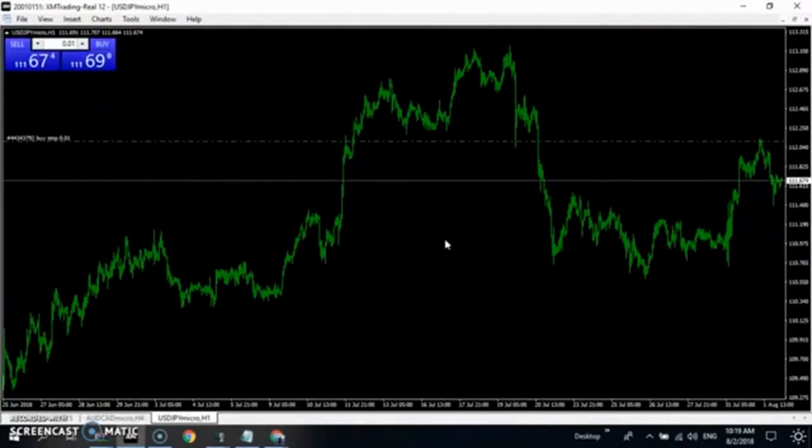But the problem is that when you are on this type of 1 hour chart or 15-minute chart, you are not even within the range of the market. The range. You are not even in between the range.